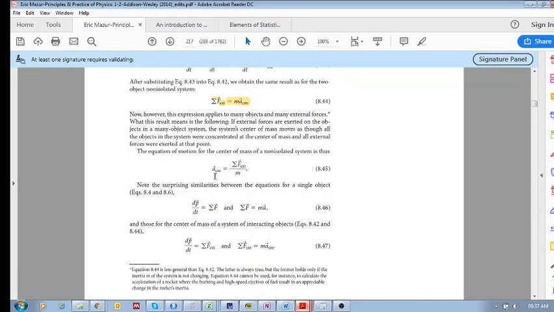And then the other thing is that the acceleration of the center of mass is equal to the sum of the external forces.